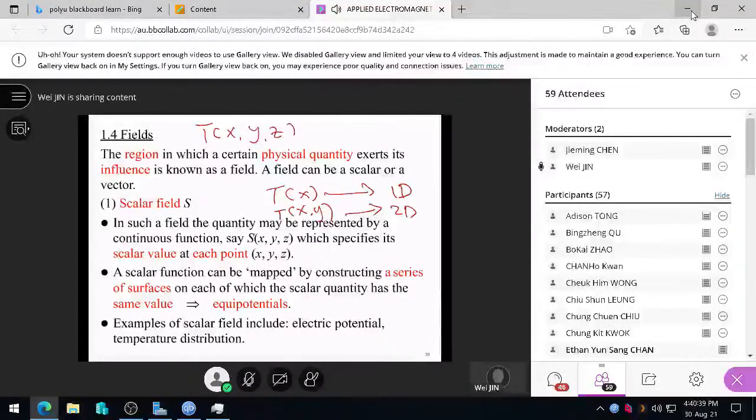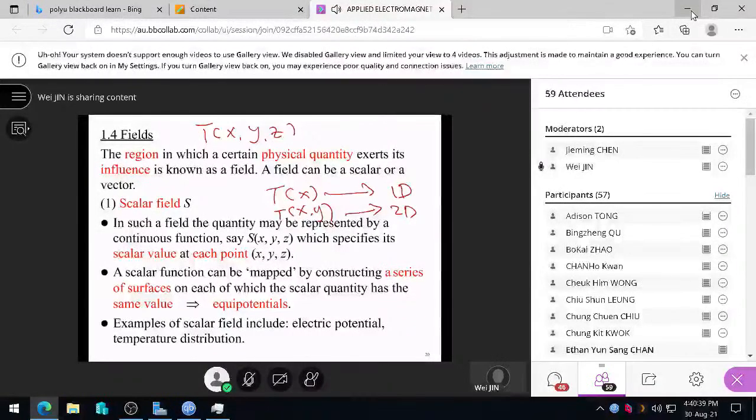Also, the values of temperature could change with time, so that is called a time varying field. If the quantity changes not only with location but also with time, we call it a time varying field. But if the field does not change with time, we call it a stationary field or static field.